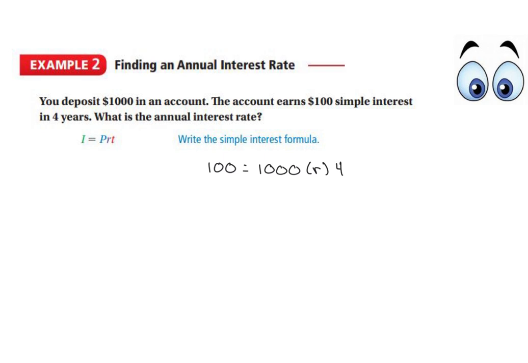So we need to simplify this equation. What I notice right away is I can multiply 1,000 times 4. So I can get 4,000 R equals 100. And then to get R by itself, I divide both sides by 4,000.